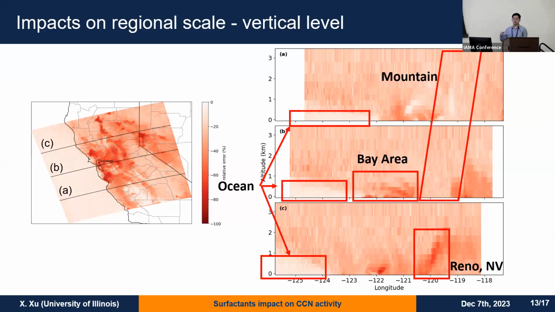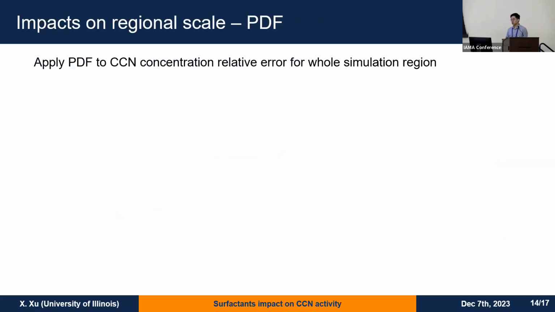One thing we need to notice is that this highest relative error occurring at the surface could persist up to 2 kilometers or even 3 kilometers. So this could potentially impact the formation of some shallow clouds or even some middle clouds.